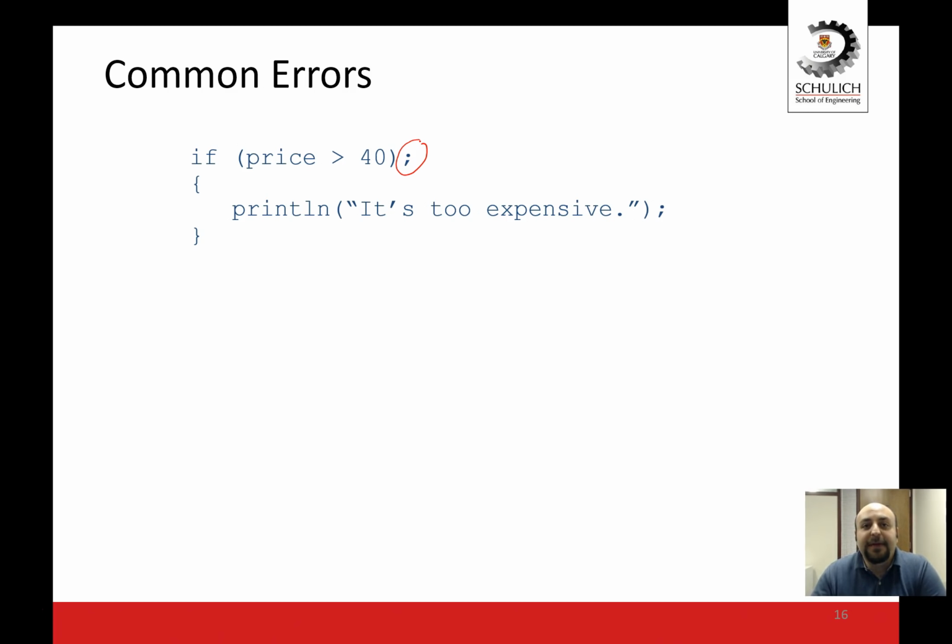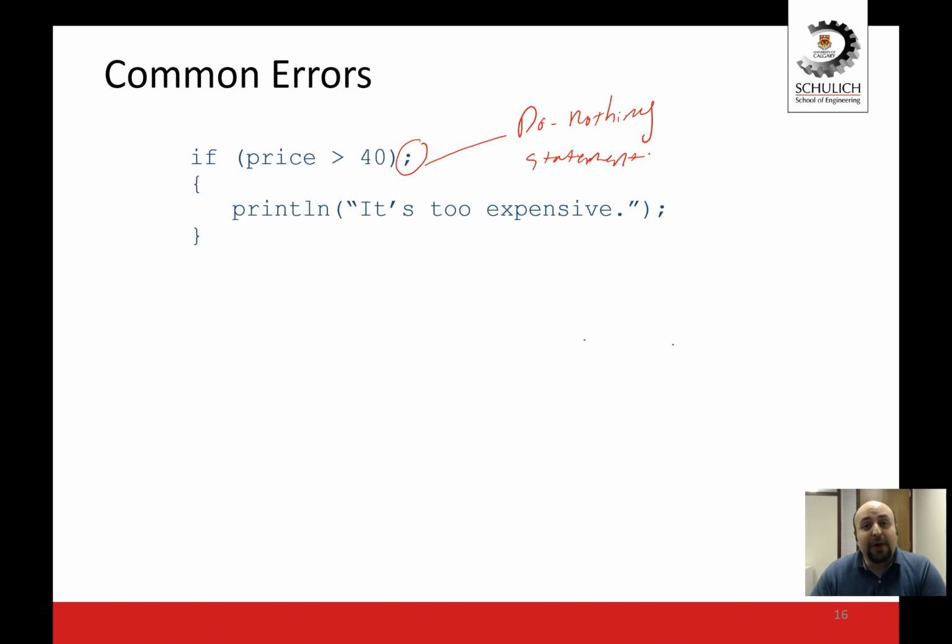What do you think it does? Do you think you'll get a compilation error if you put a semicolon at the end? No, you actually don't get a compilation error, and that's the dangerous thing. What ends up happening is the semicolon is actually known as the do nothing statement.